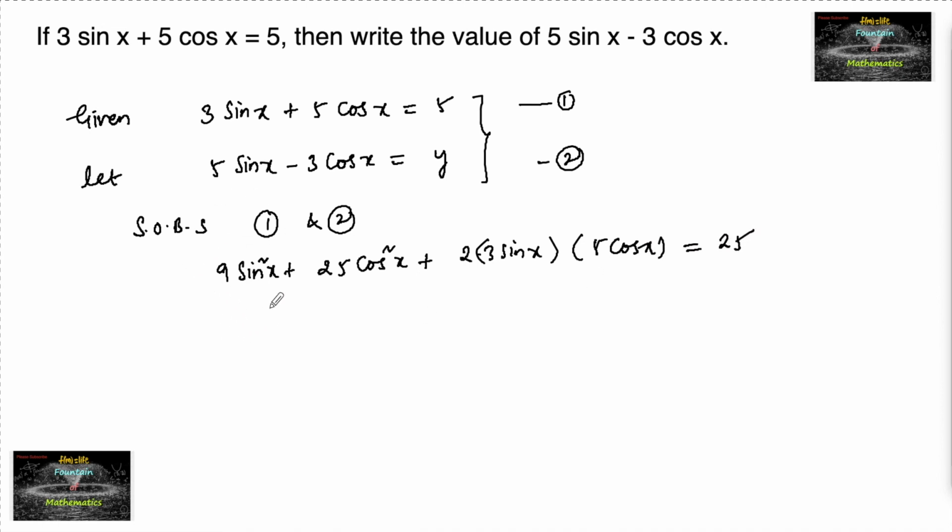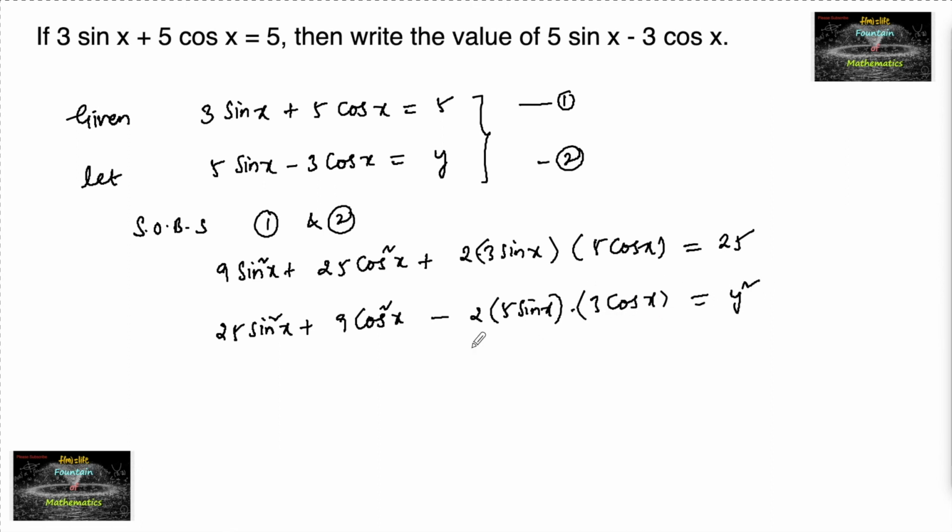And the second one, we'll have 25 times sin square x plus 9 times cos square x minus 2 times 5 times sin x into 3 times cos x is equal to y square.